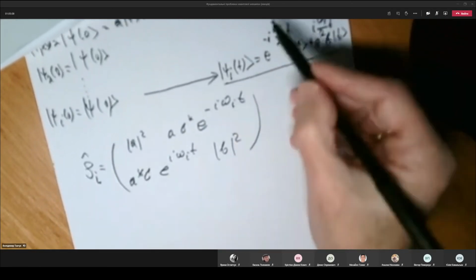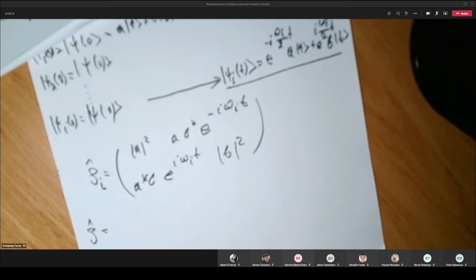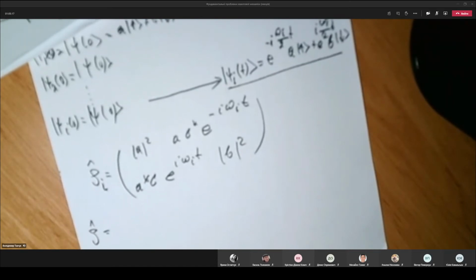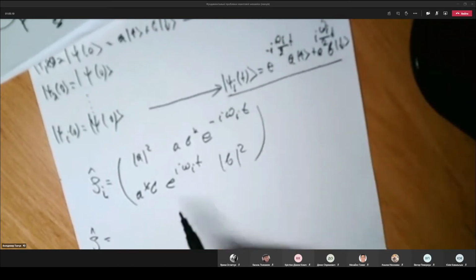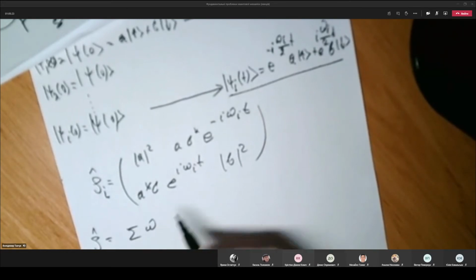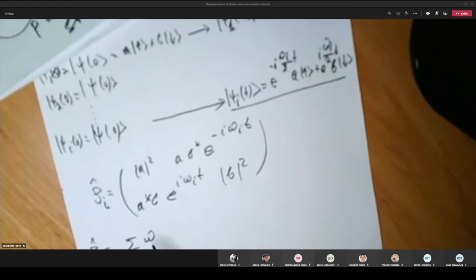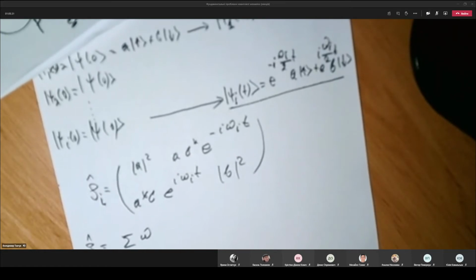So the density matrix of this mixed state rho will be the probability to find the state, to find the magnetic field with a value. So let me use for probability some other notation, the same as here.